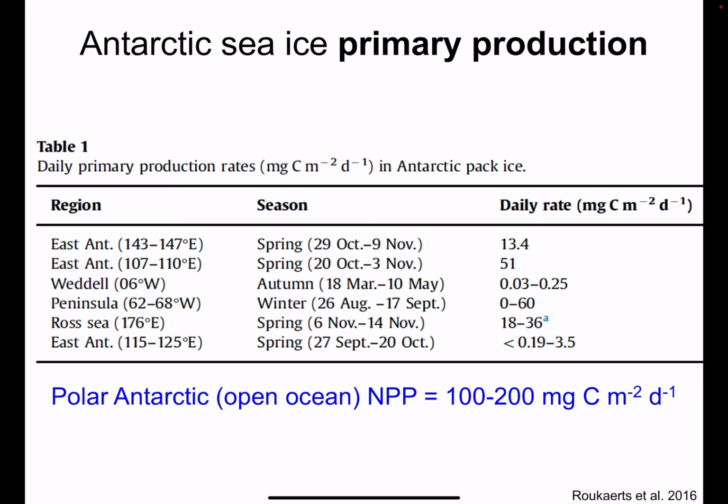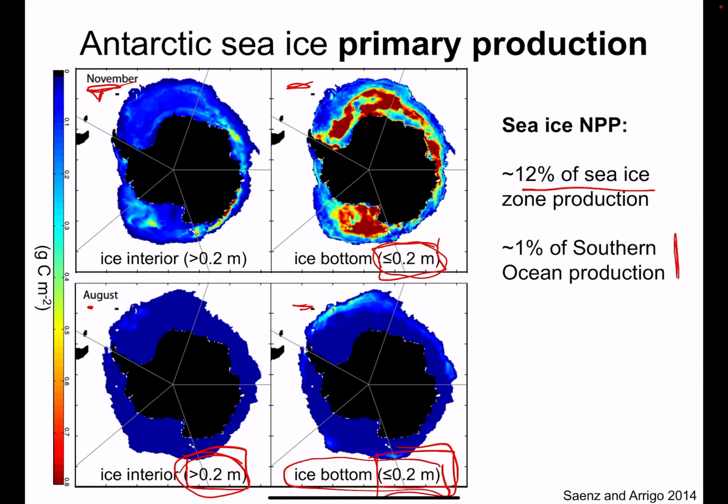Okay, so this is giving you some estimates of the rates of productivity in ice in the Antarctic. Pack ice is the same as sea ice. And you can see that the rates kind of vary anywhere from nothing, 0, to about 50 milligrams of carbon per meter squared per day. And then in the previous, actually, I don't know what on this plot, I think this was for the month.